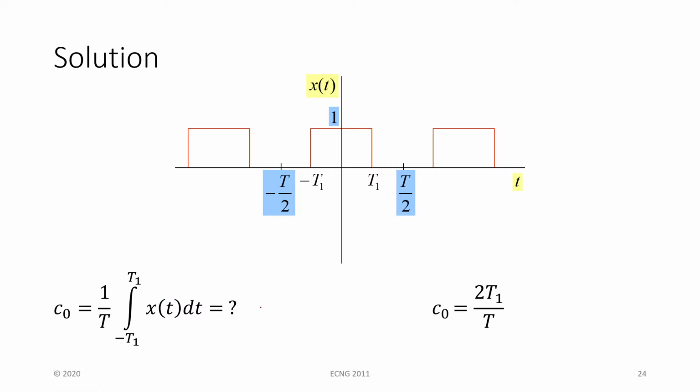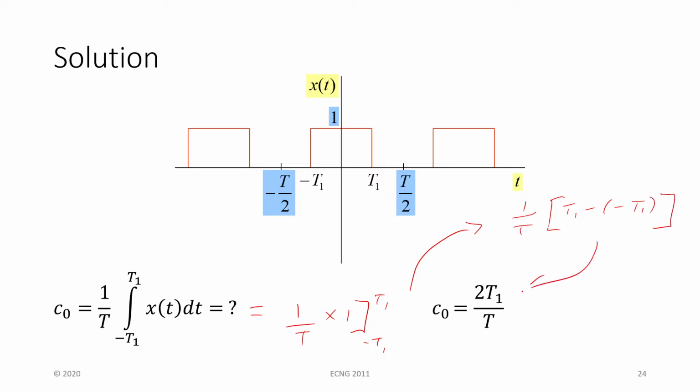So when we resolve this, we get 1 on T multiplied by t1 minus negative t1. Basically, we get 1 on T into 2t1, and that gives us the value of C naught.